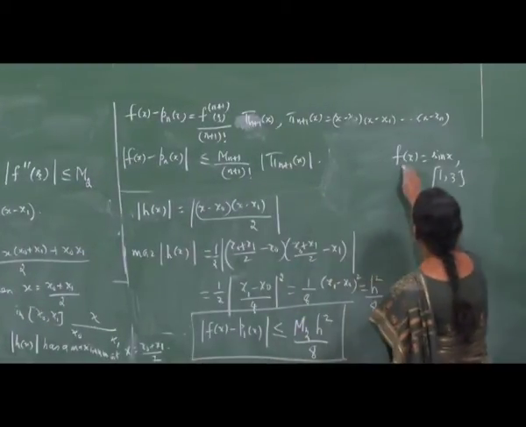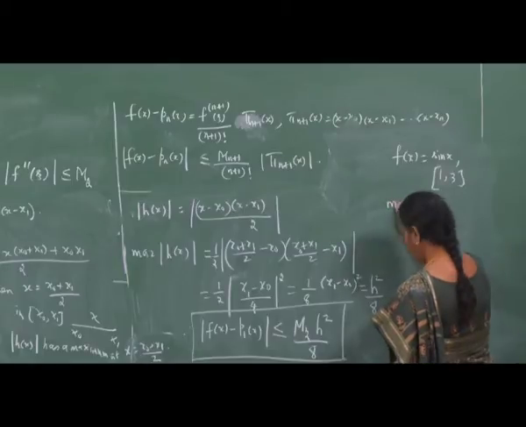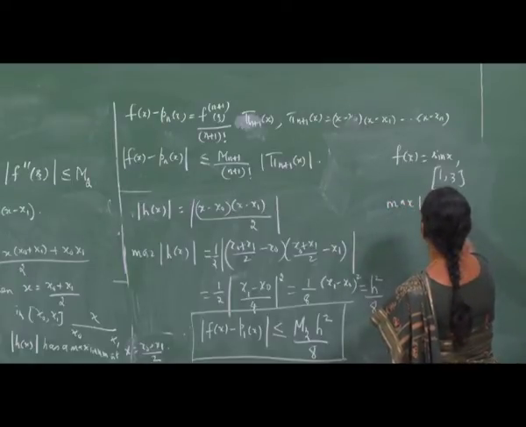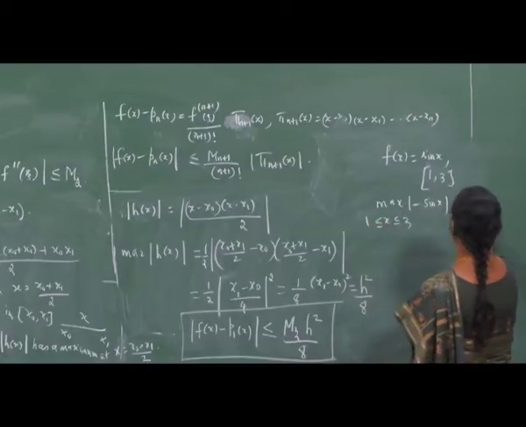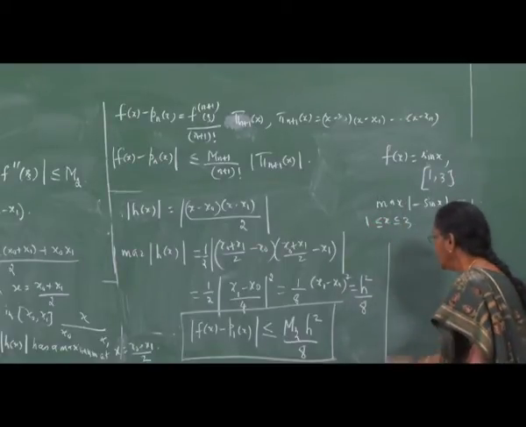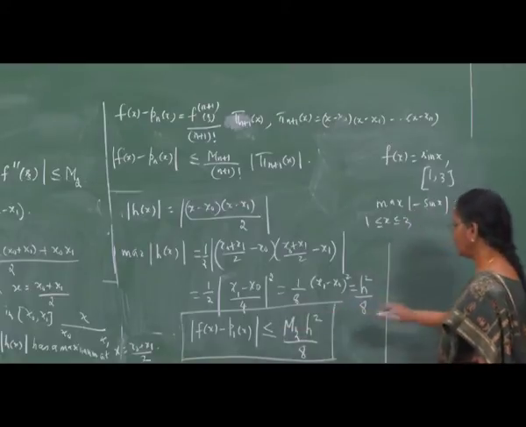So, as before, we have maximum of modulus of minus sin x for x lying between 1 and 3 will be equal to 1. So, I directly make use of this.